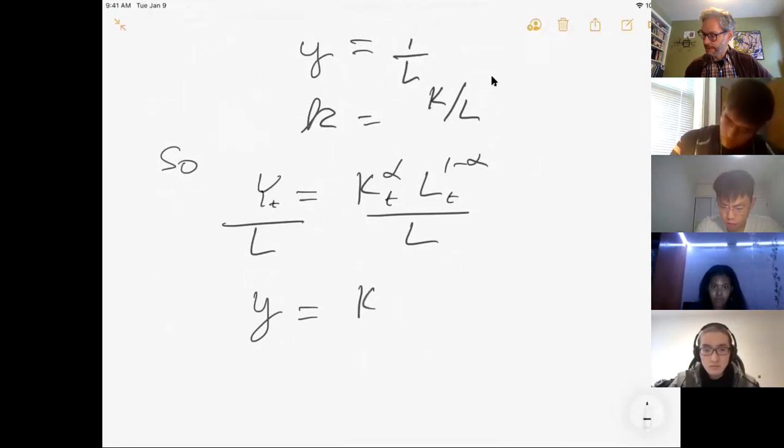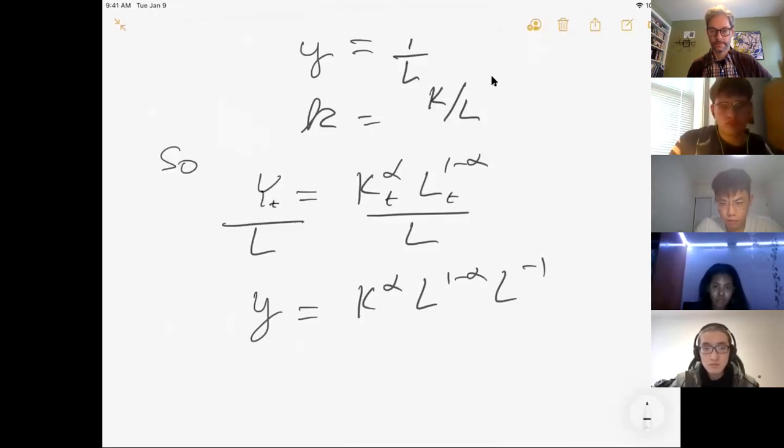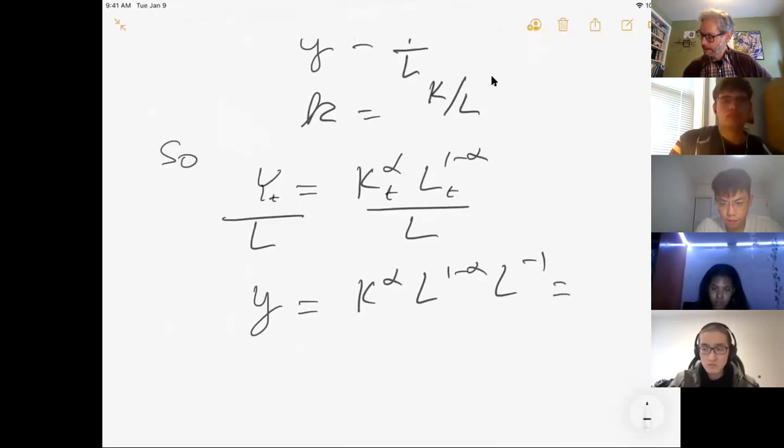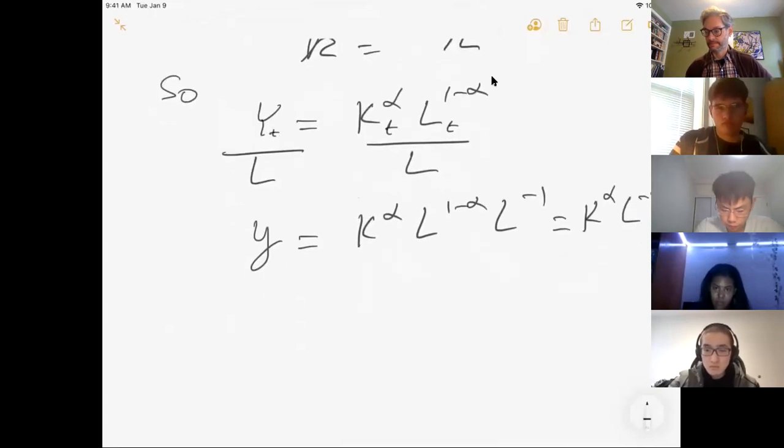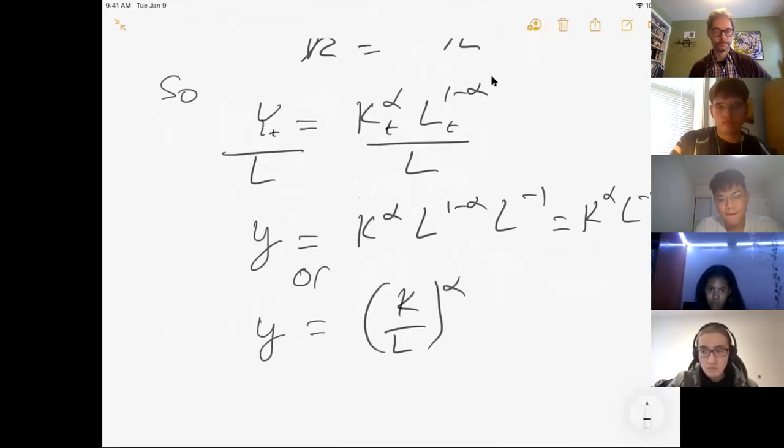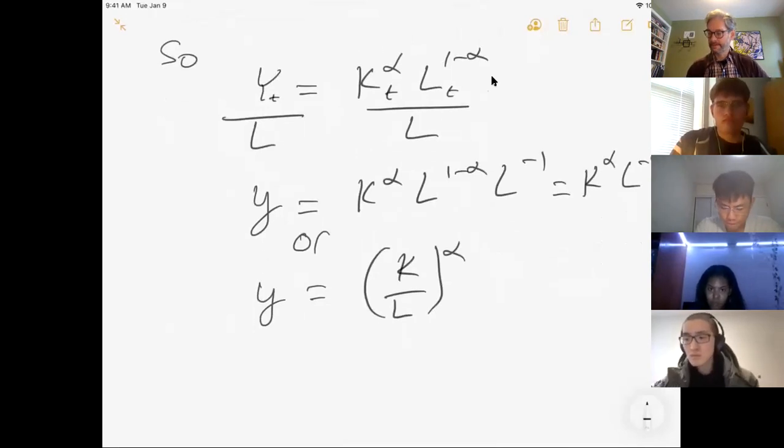Well, we can write this like this. Right? So dividing by L is the same as multiplying by L to the -1. This simplifies down to this. Or we can write it like this.